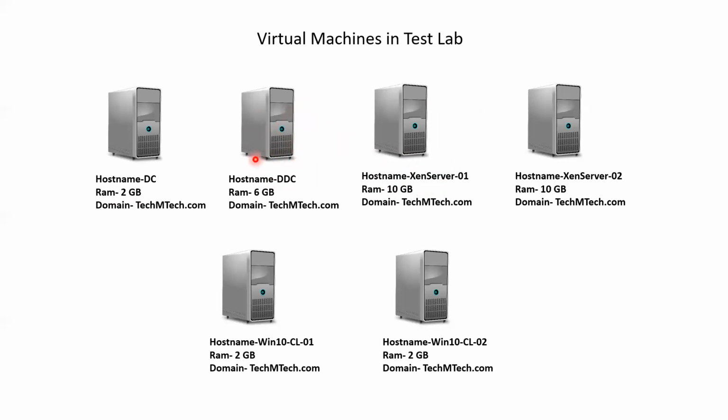So coming to the delivery controller, we will configure each and every core components. Gen server 01 and Gen server 02, those will be our hypervisor. We will host all of our virtual machines and application on the hypervisor only. And Windows 10 and Windows 10 CL02, these will be our client machines.